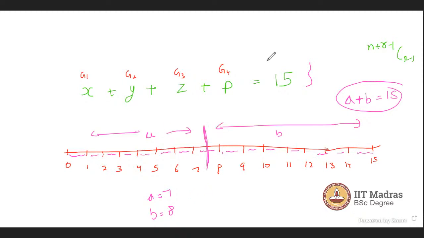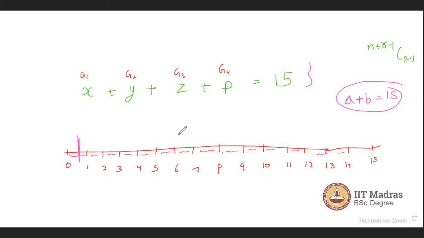Now let's come to the fourth thing. Now 4 groups can be given balls. As you notice, for 2 groups I need only one line. For 4, I will need 3 lines because it will divide the balls into 4 parts. Suppose I draw lines here and here. So X received 0 balls, Y received 6 balls, Z received 3 balls, and the remaining 6 go to P. This is one way.